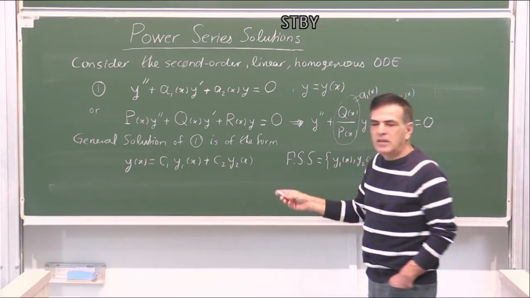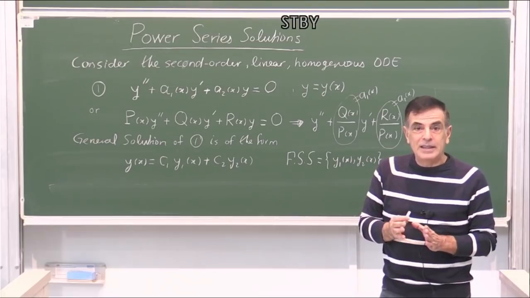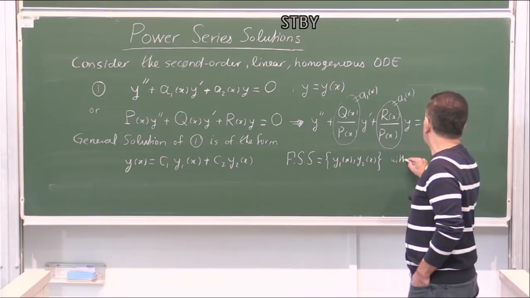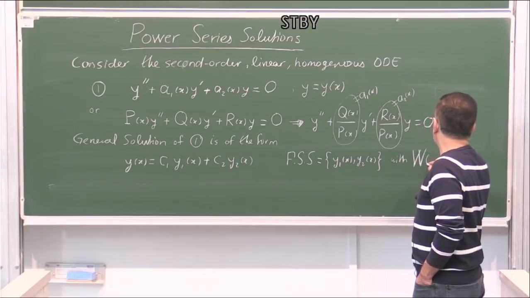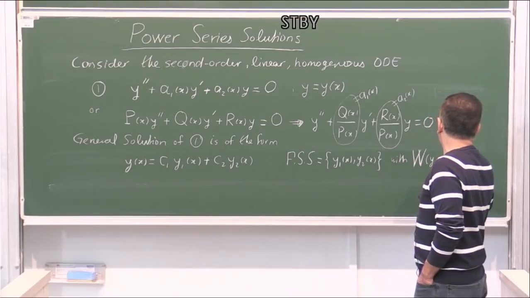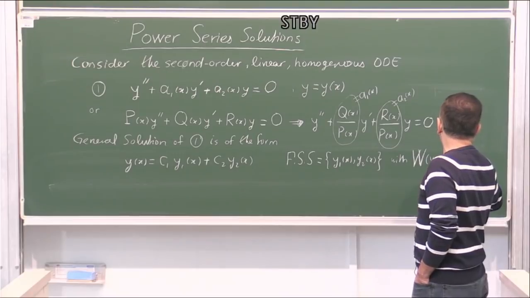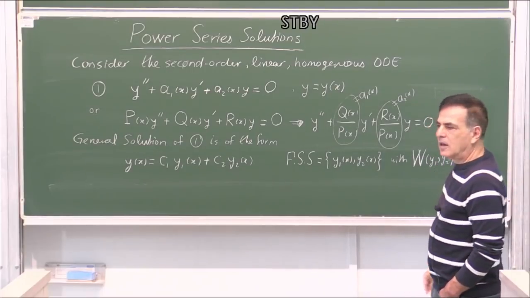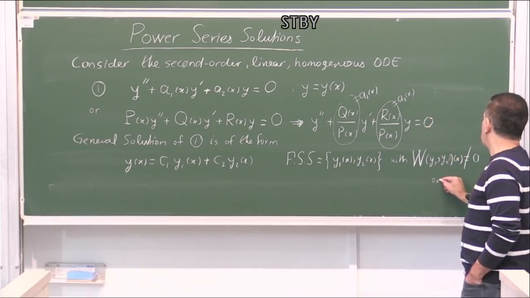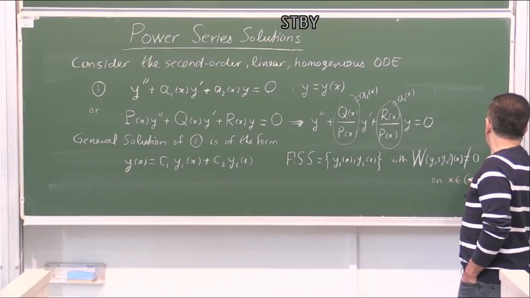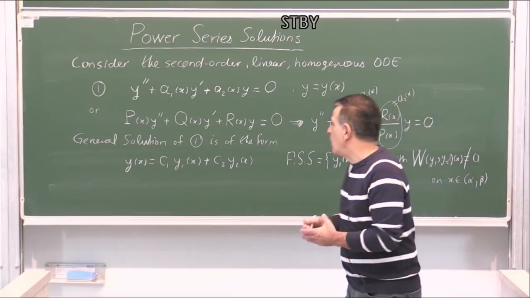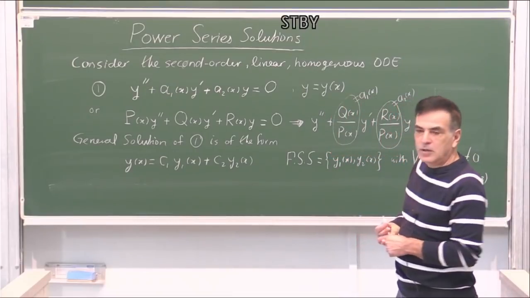We mean that the two solutions are linearly independent, with the Wronski determinant of y1 and y2 non-zero on some x interval from alpha to beta, where the coefficient functions are both continuous.